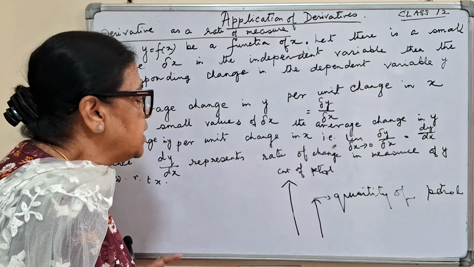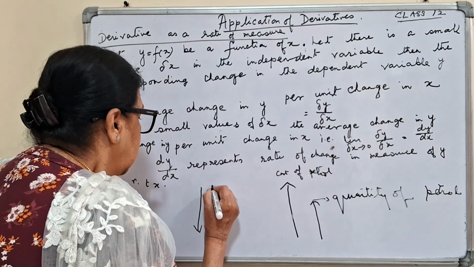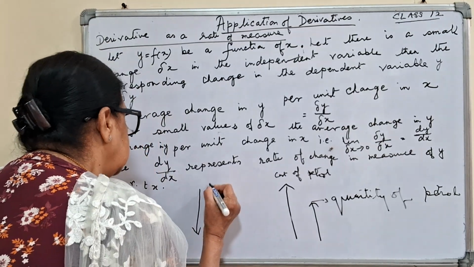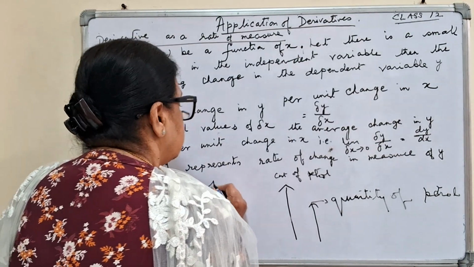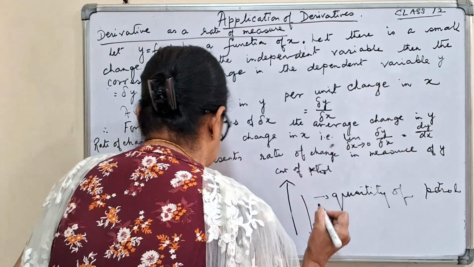There are two ways: one is decreasing and another is increasing. So the quantity of petrol will be decreased.